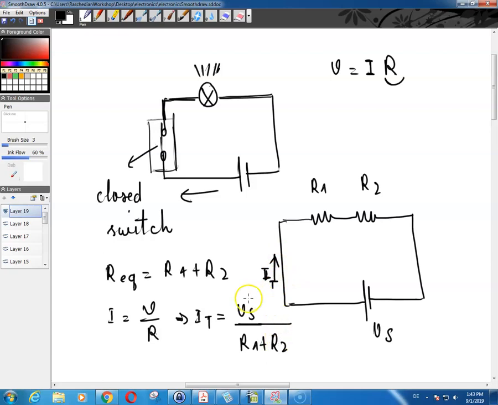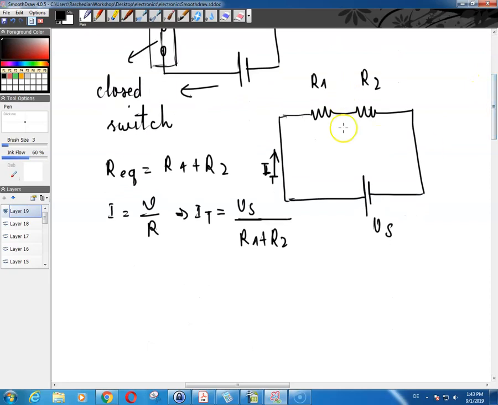That means that the same current is going through this resistor and the same current is going through this resistor because this is a series circuit. Now, there is some voltage drop across R1 and some voltage drop across R2, which I denote as V of R1 and V of R2.